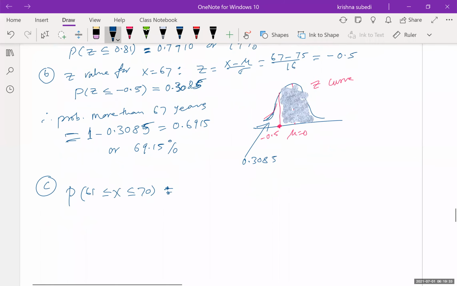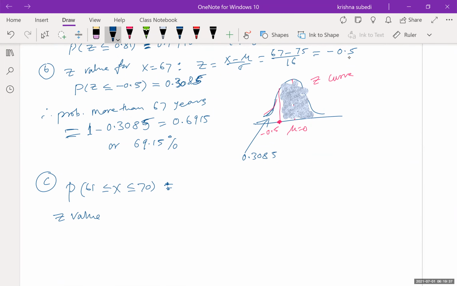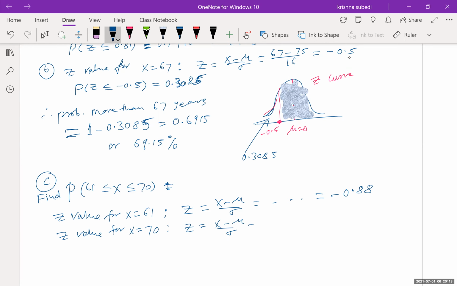The Z value for X equals 61 is Z equals X minus mu over standard deviation, which I believe is negative 0.88. And the Z value for X equals 70 is Z equals 70 minus 75 over the standard deviation, 16. If you calculate, you get negative 0.31.